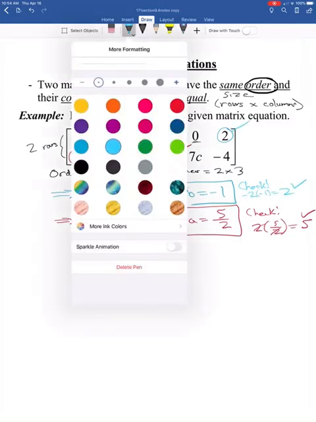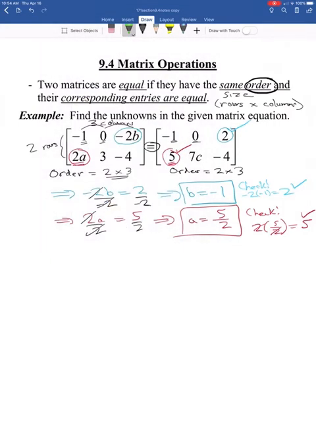It checked. Now as we move on to our next entry, we've got row 2, column 2. It's a 3. Row 2, column 2 over here is another variable. It's another unknown in this equation. So these must be equal. So that implies 7c must equal 3.